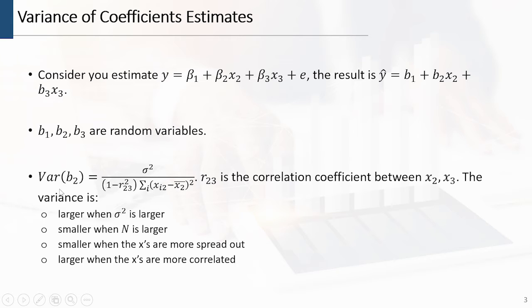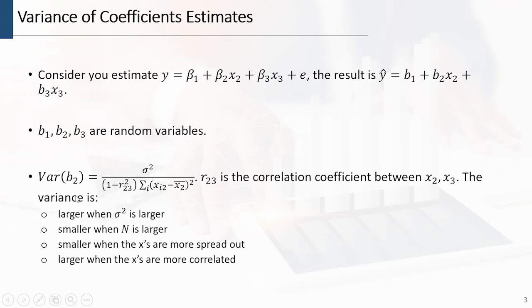In this case, the variance of b2 will be equal to sigma squared divided by, in brackets, 1 minus R23 squared, times the summation of the squared deviation of x2 from its mean. This is a complicated equation.